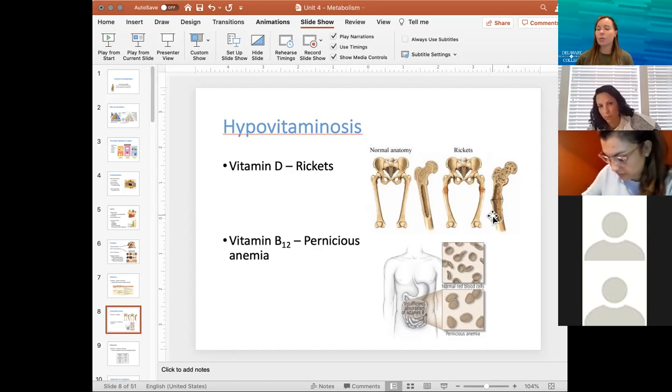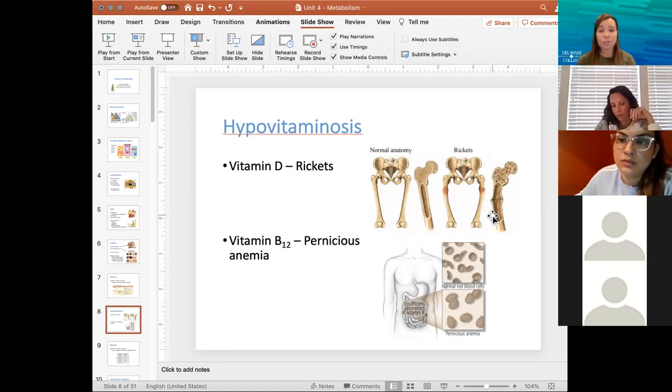So if you have low vitamin B12, then you'll actually lack the ability to make normal red blood cells. This vitamin is involved in the process of making red blood cells.